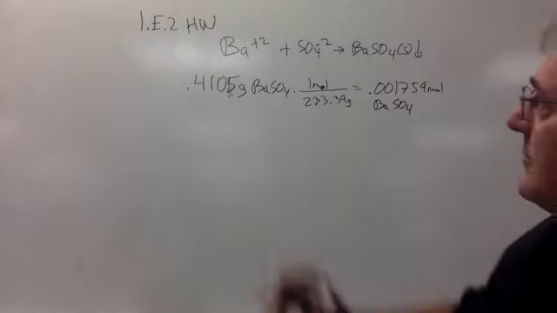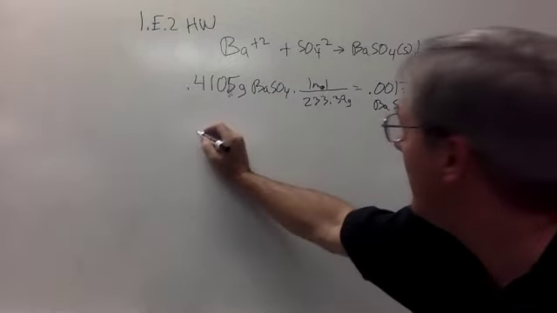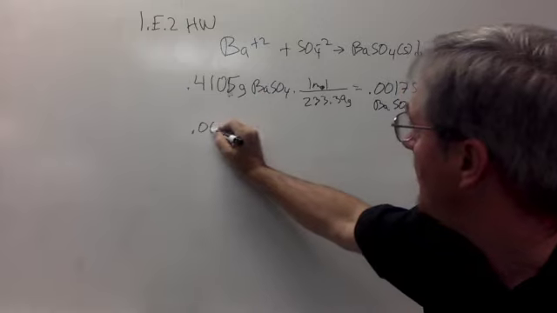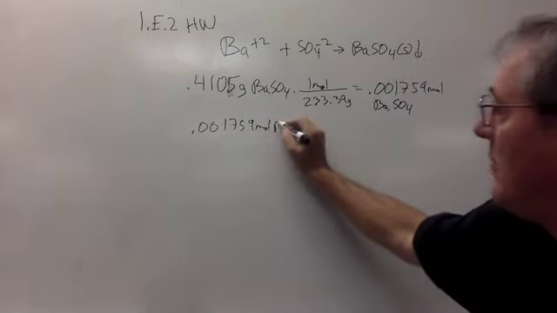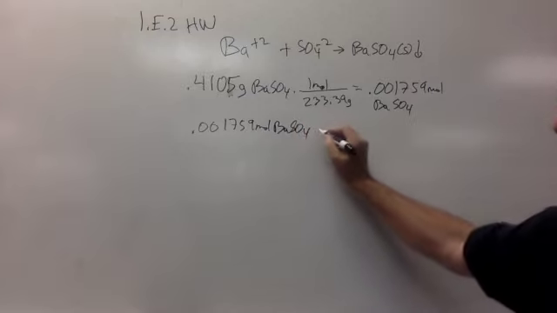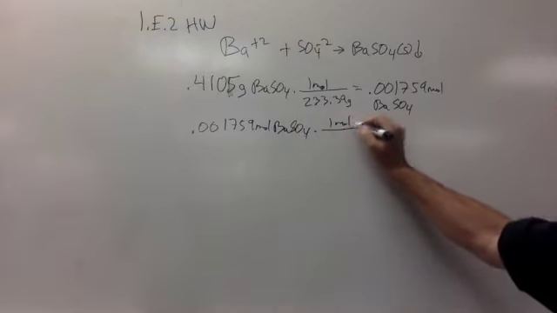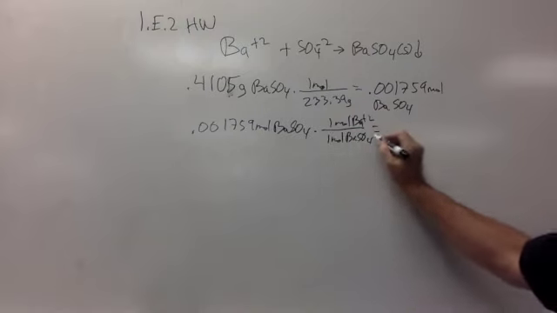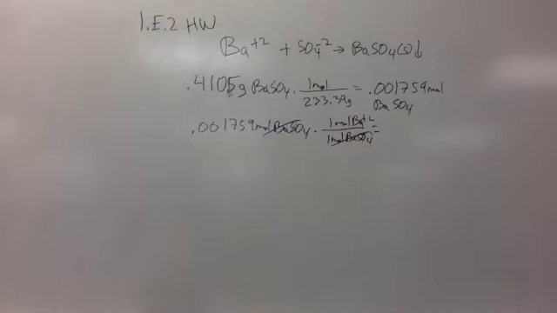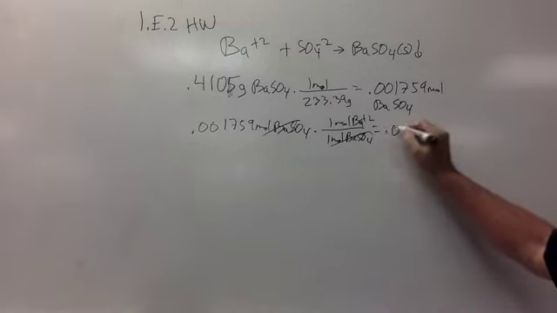Barium sulfate, realizing from the net ionic equation that a mole of barium sulfate originates as a mole of barium plus 2. We see that we have 0.001759 moles of barium plus 2.